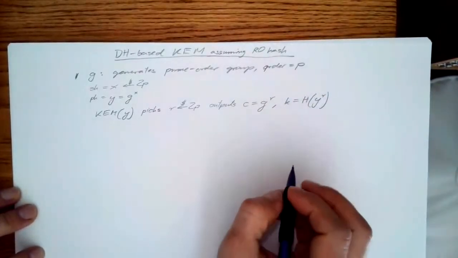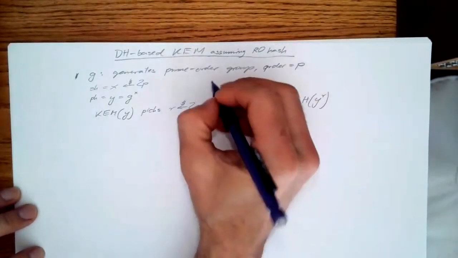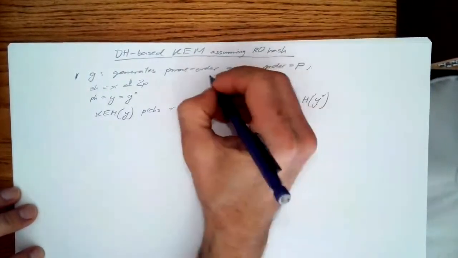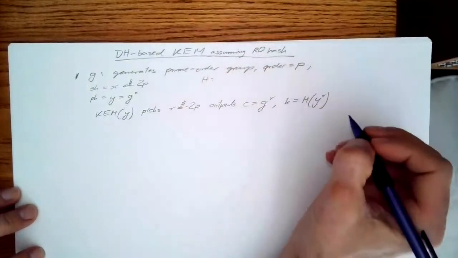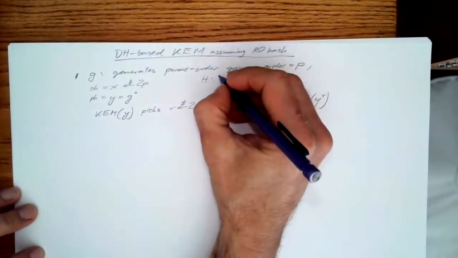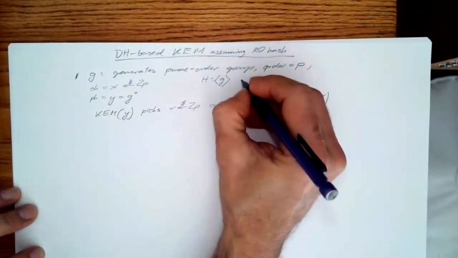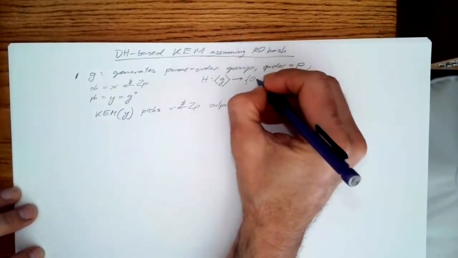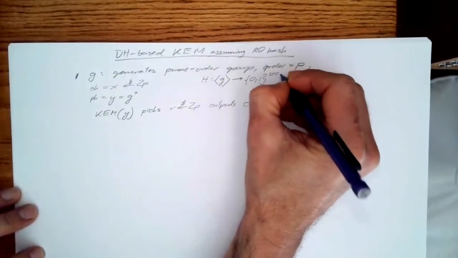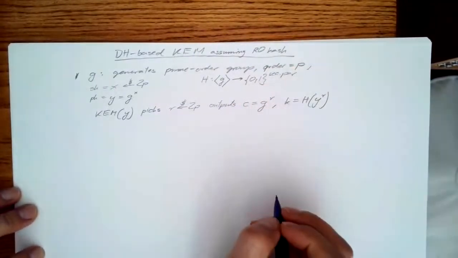That's it. And so what do we need of this hash? It is a hash that takes any element in the group generated by G and outputs a string of length security parameter. Okay.